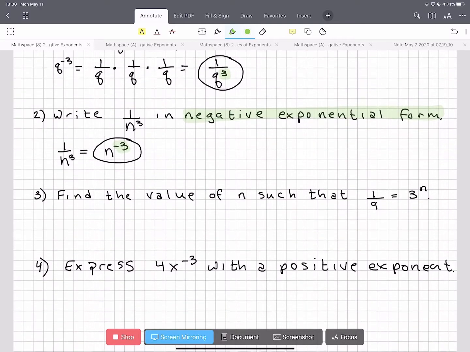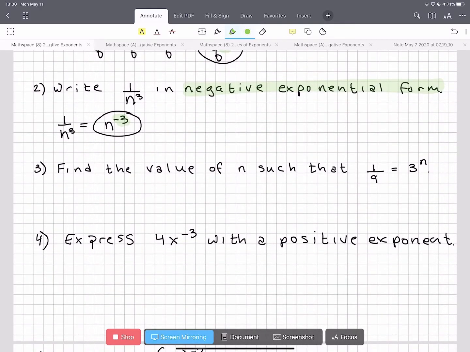Another type of problem in Mathspace will ask us to find the value of n such that 1/9 equals 3 to the n. So the key here is, what would the exponent have to be for me to have 1 over 9?